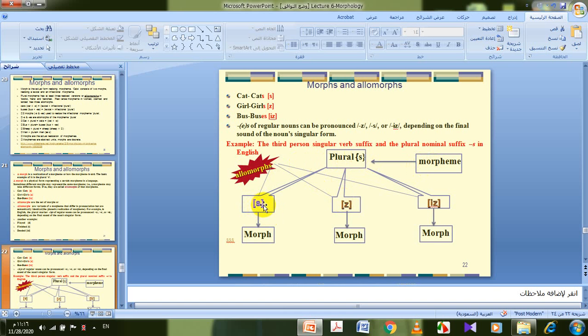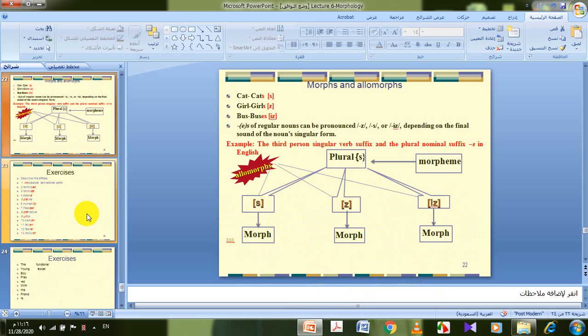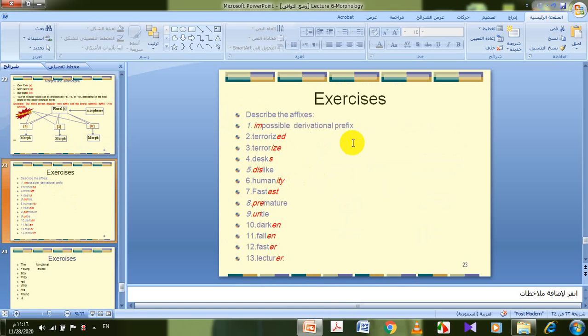It can be pronounced like is, z, or is. Each one is a morph, but together they are allomorphs of the same morpheme.